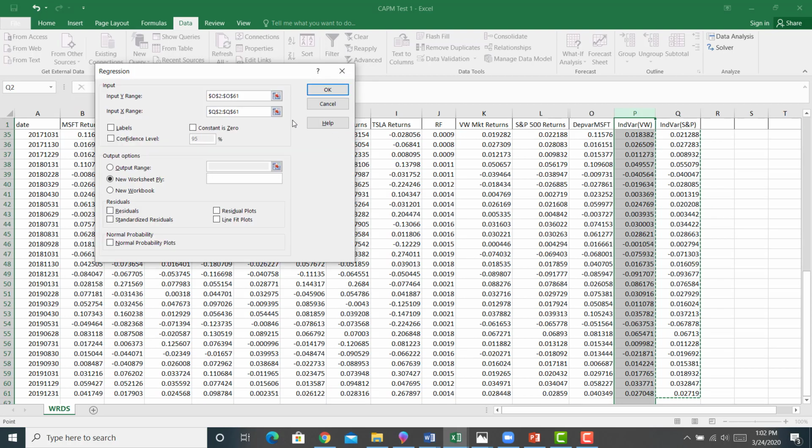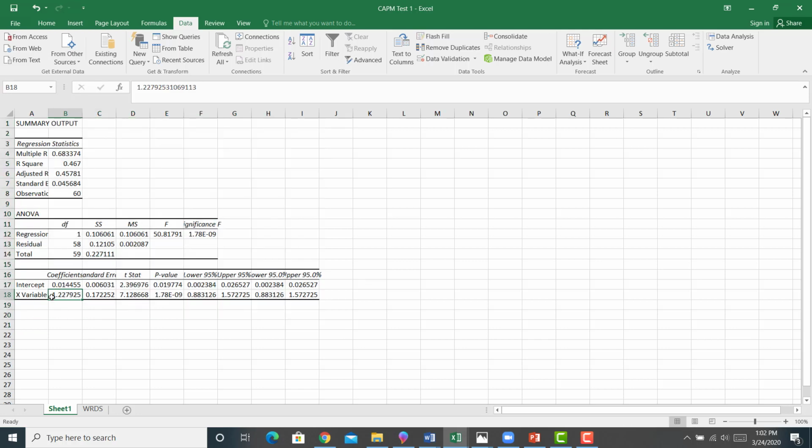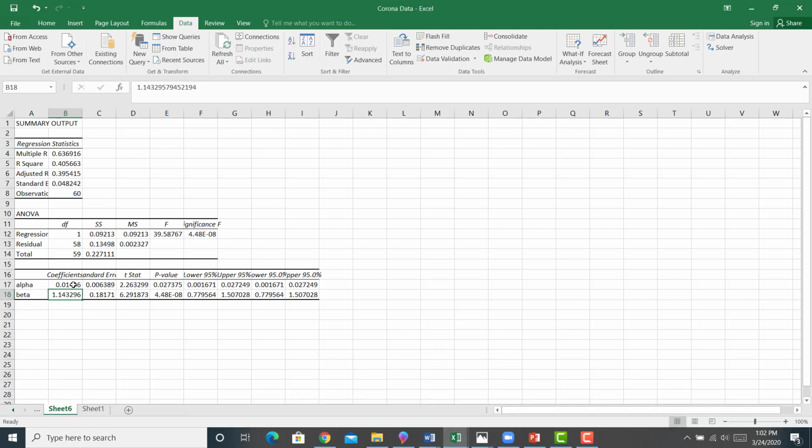Hit OK. And look at this. If I use the S&P 500 return, I get 1.23 on my beta. My alpha is similar, but slightly different. Let me compare that with the previous. Again, alpha is similar. My beta was 1.14 using the valuated market return.